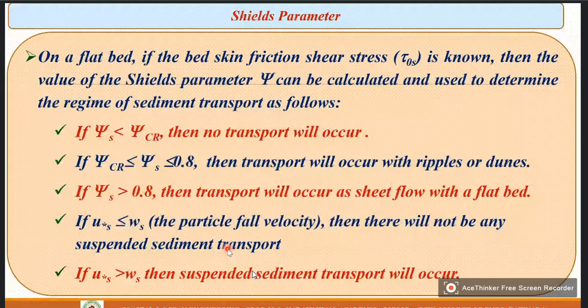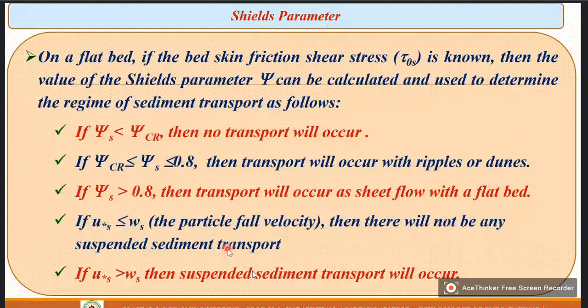For values of psi exceeding the incipient motion criteria, different bed forms may result. For example, for Reynolds number less than 10, ripples will form on the bed. Whereas for the approximate range 10 less than Re less than 100, dunes will exist.